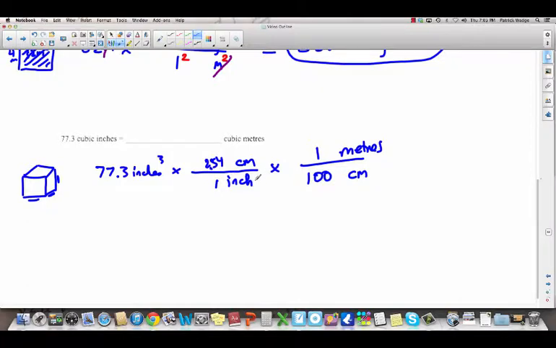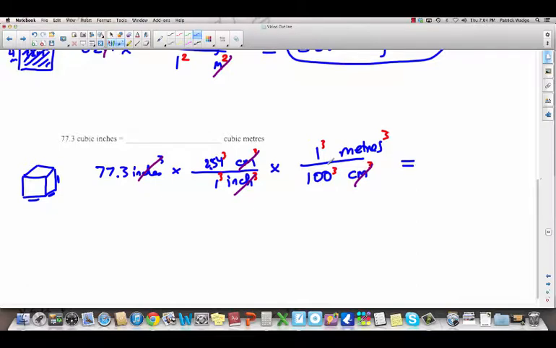Okay, but before you start multiplying, remember this is inches cubed. So this needs to be inches cubed, which means everything here needs to be cubed. And if we want to cross out this centimeters cubed, this needs to be cubed, which means everything here has to be cubed. That's a 3. Okay, so this inches cubed crosses out this inches cubed, this centimeters cubed crosses out this centimeters cubed. You're left with meters cubed, and that's exactly what we want.